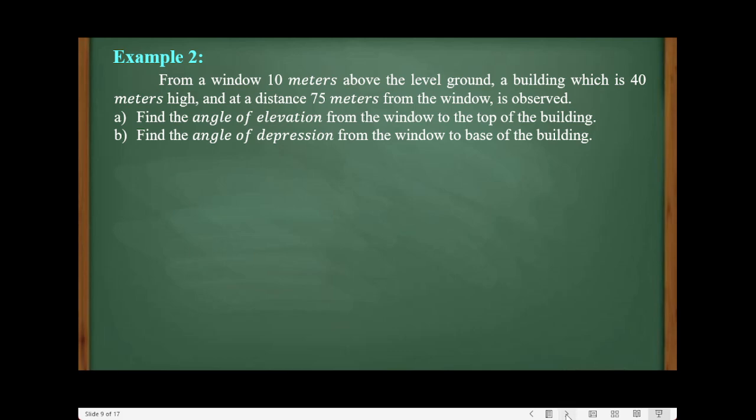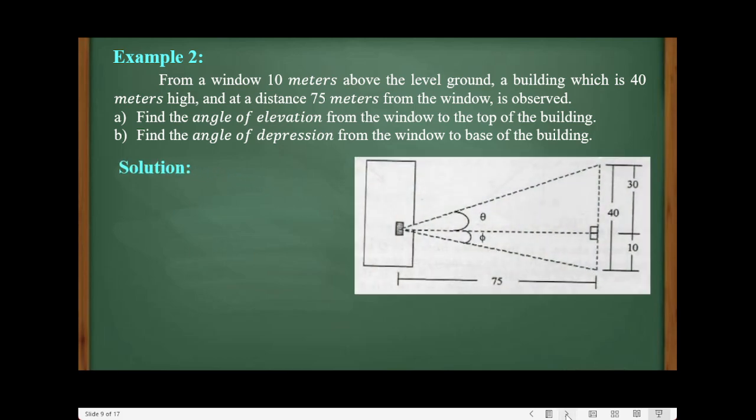So to analyze the problem, let us have the drawing. This one. So this is the building, and from this building we have a window which is 10 meters above the ground level.